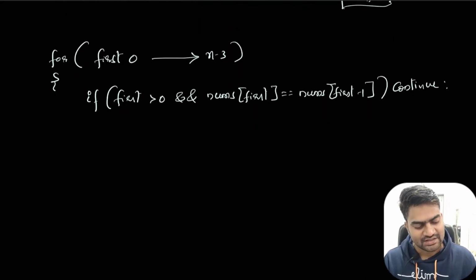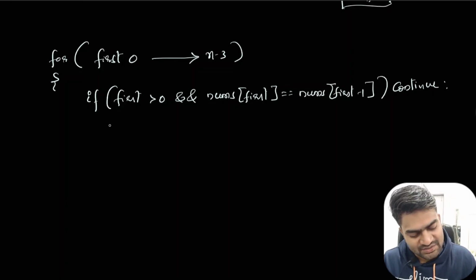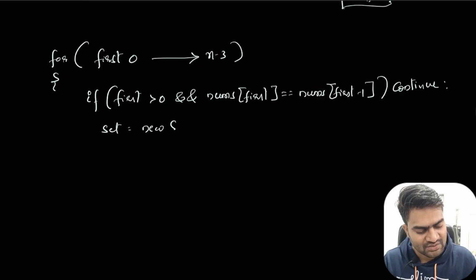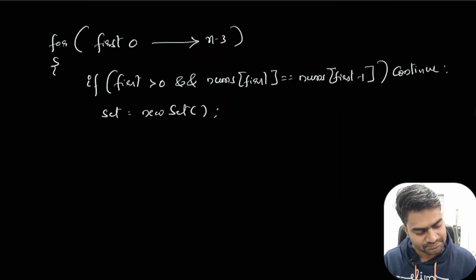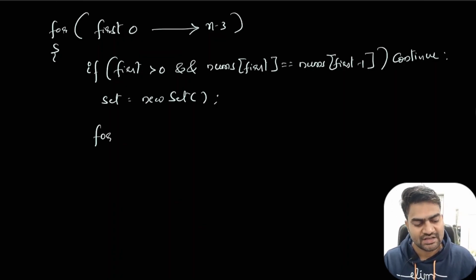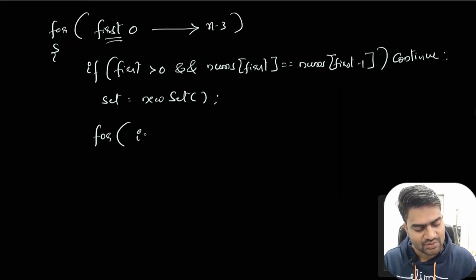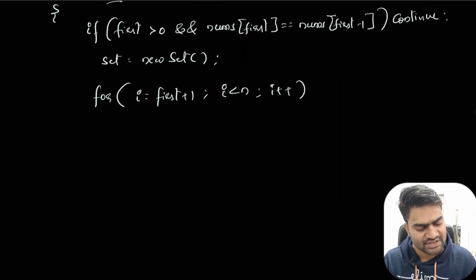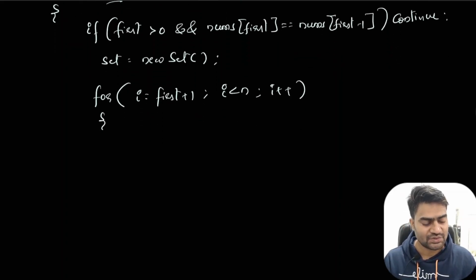Then after that, we need a hash set, right? So I will take set equal to new set or hash set, based on the syntax. Then I will start processing the elements from the element after this first index. So for i equal to first plus 1, i less than n, i plus plus, I will simply use the two-sum problem solution here.